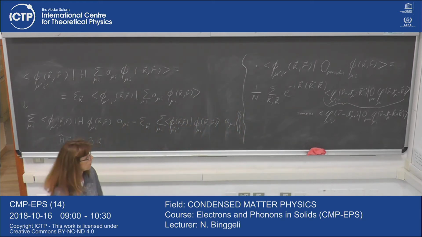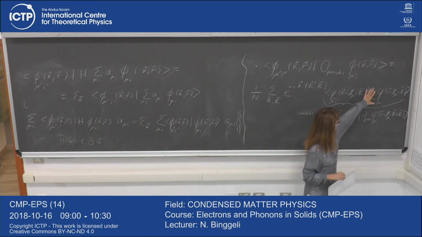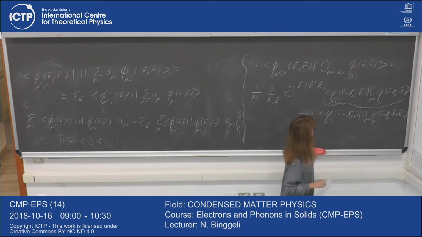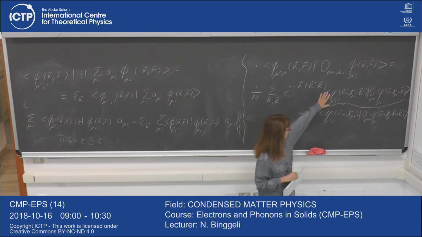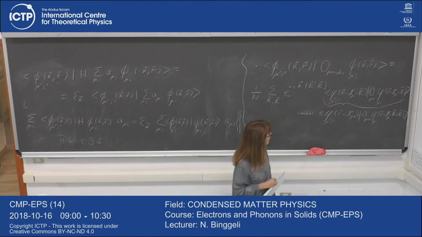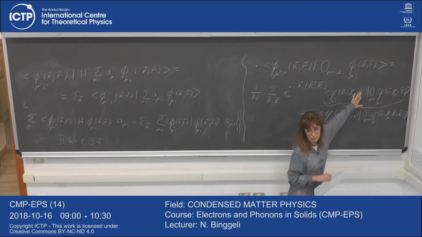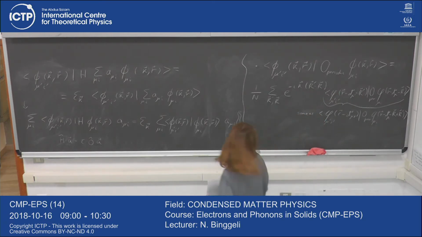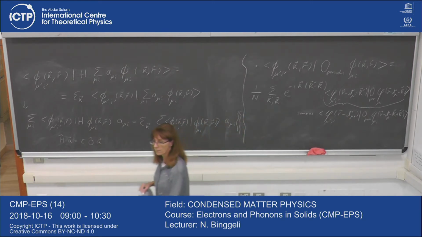This comes from the periodicity of the operator I have here. So if I change variable and use as integration variable capital R prime, I will obtain this as a result, because O is periodic.